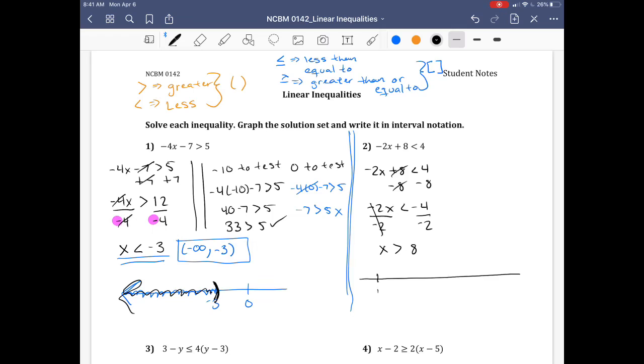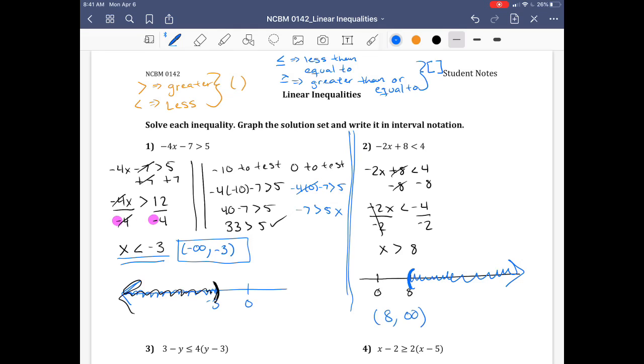So we have 0, 2. According to our equation, we're still going to be using parentheses, and we're going to shade. It's pointing towards positive infinity. So my solution for this one is from 2 to positive infinity.